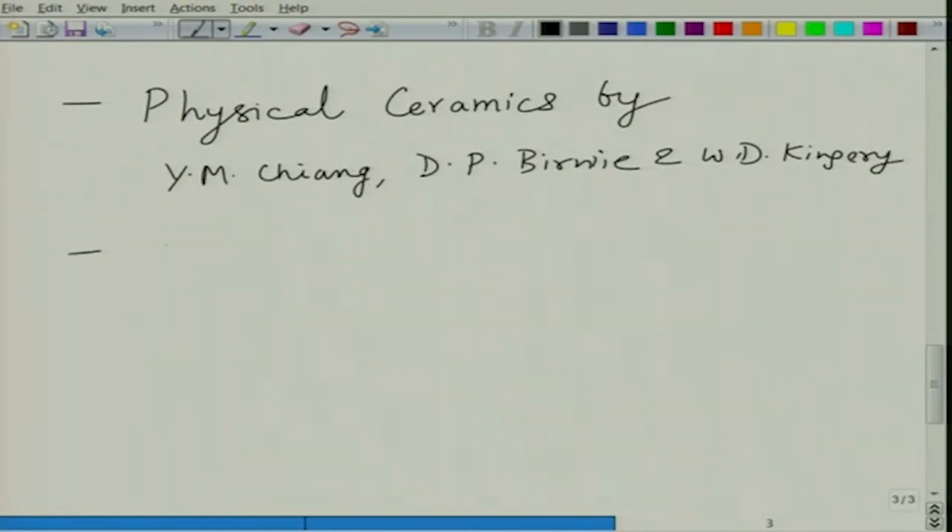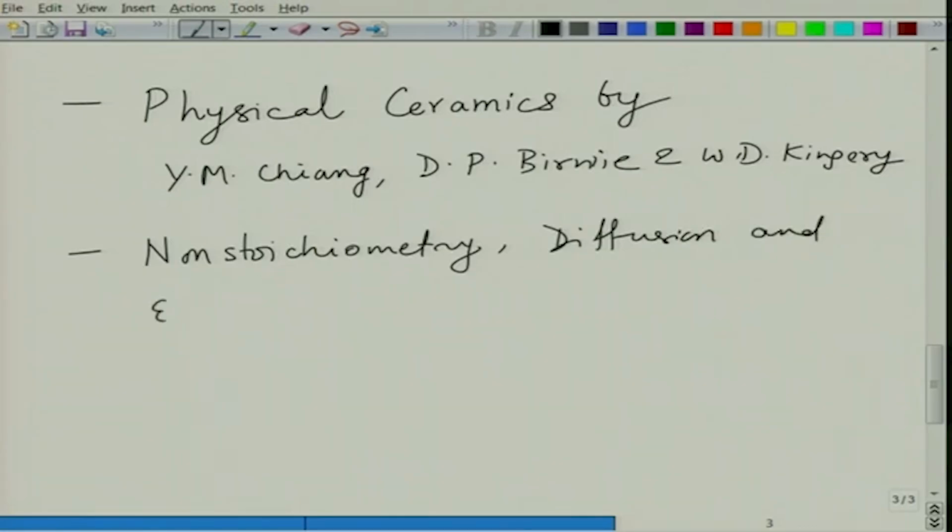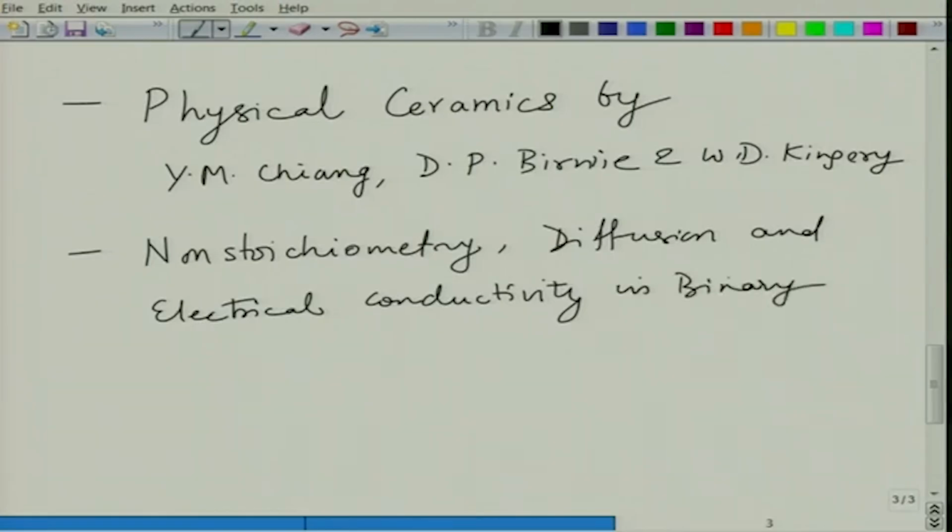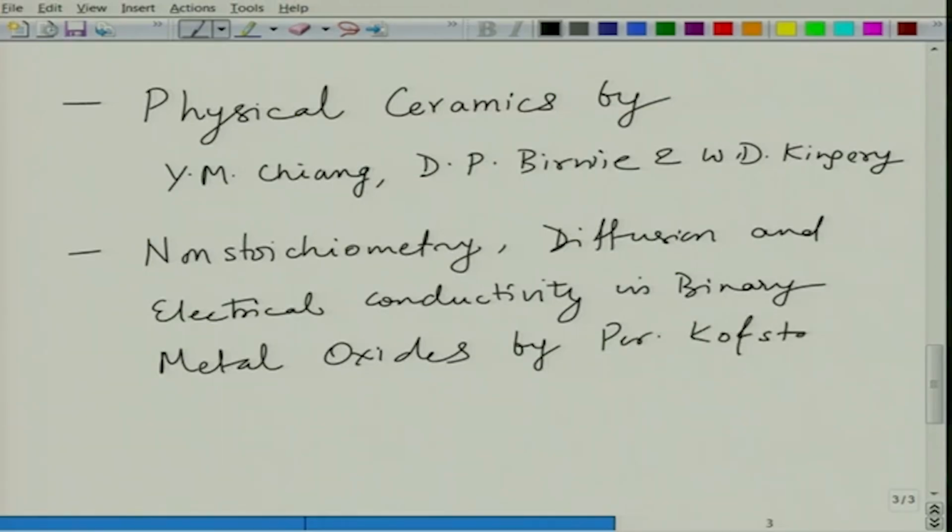If you are interested in deeper aspects, then you can look at Non-stoichiometry, Diffusion, and Electrical Conductivity in Binary Metal Oxides by Per Kofstad.